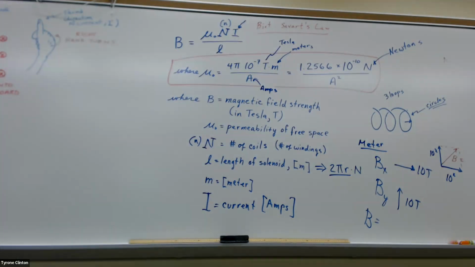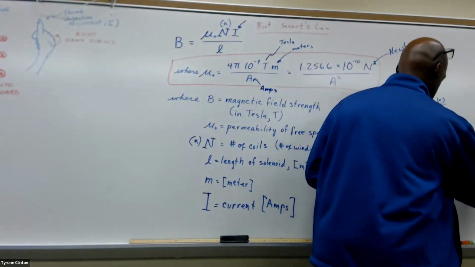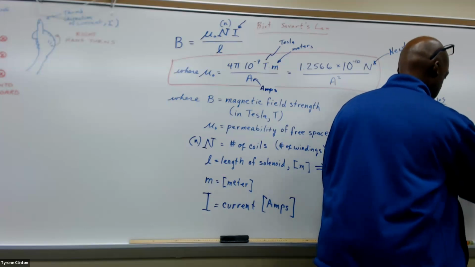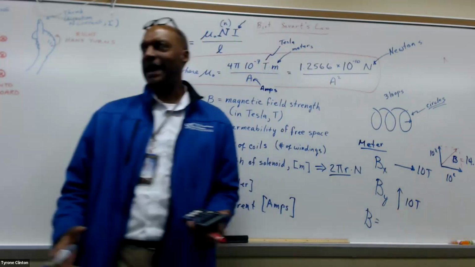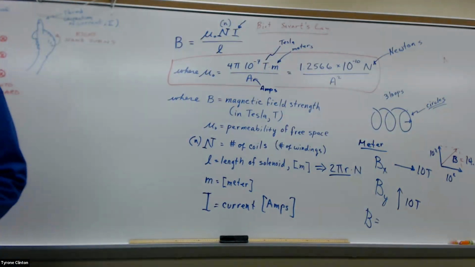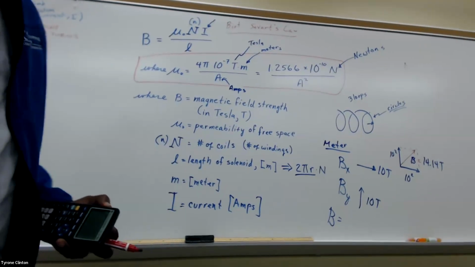That's 14.14. That's it. So B would be the magnitude of the B vector at that particular point.